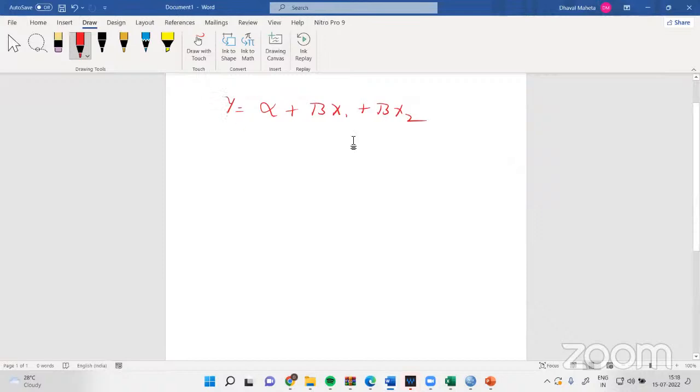So the first test which we run is the t-test, to check whether these variables are individually significant or not. What will be the null? Can anybody tell me? What will be your null? There is no significant relation.